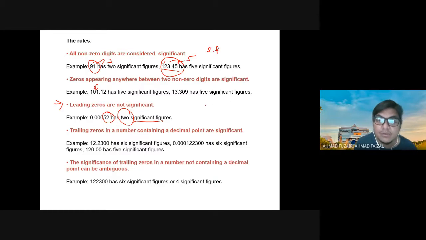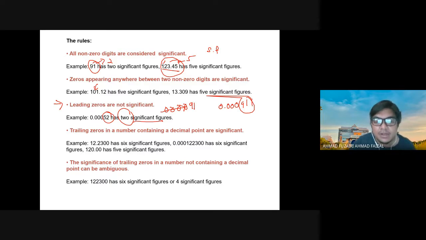Obviously there is no possibility to write down, for example, 91,0000 without decimal. I don't think I can see this kind of value, but if they involve a decimal point, this should be 2 significant figures, because all the leading zeros are not significant.